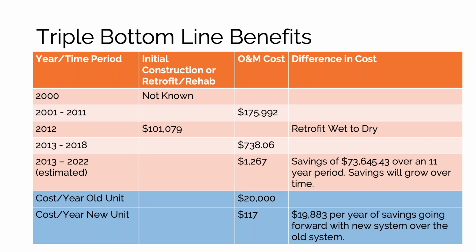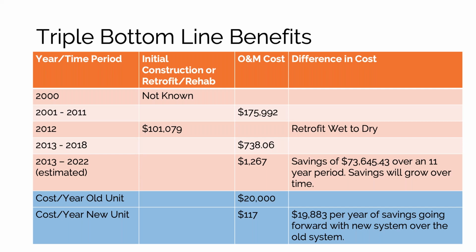But we did know what the O&M cost was for a 10-year period, and it was about $176,000. So every time they would get in there, it was costing quite a bit of money, about $20,000 a year to do the maintenance. And then the initial retrofit from the wet to the dry cost just over $100,000. And then the maintenance that we could track from 2013 to 2018 when we did this little study was $738.